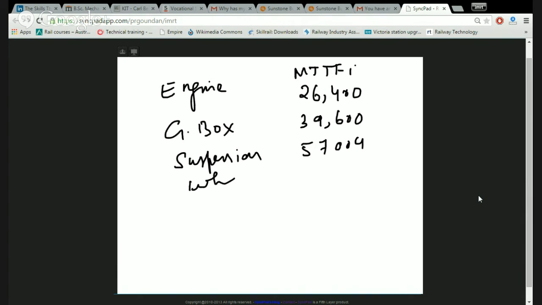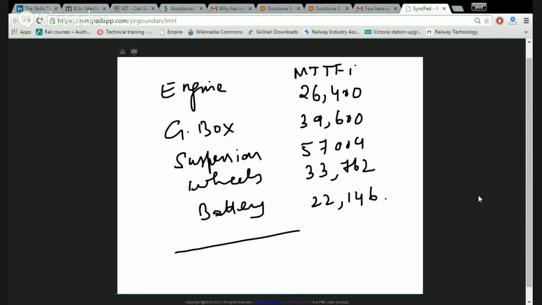Wheels 33,762. And battery 22,046. Something like this, you will get the answer. You can work it out. You can get the answer for this.